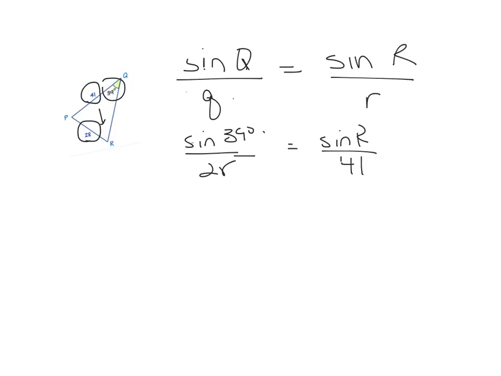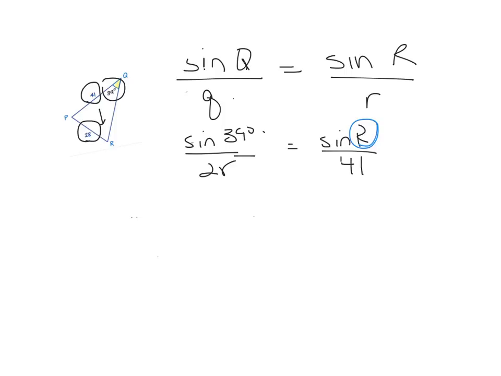If you were solving for a side, you would just flip everything. So that would be sine Q, but we would put q at the top, and we would have r over sine R. It doesn't change it, as long as you do the exact same thing to both sides, which means we just flipped both of them. That's perfectly fine. The equality is maintained. You just always want to put whatever you're solving for in the numerator. So here we're solving for R, and that just makes sense to have in the numerator.